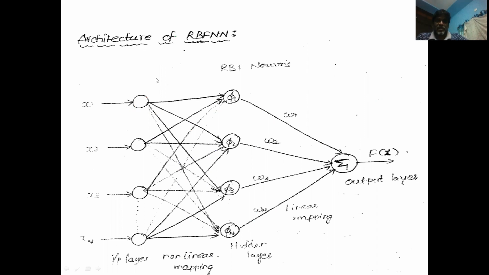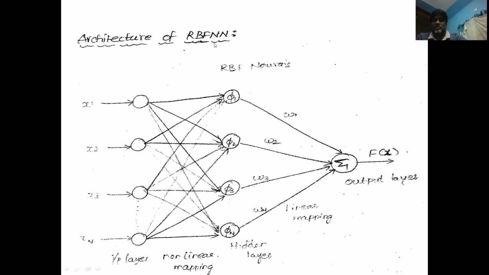Generally, any radial basis function neural network will consist of one input layer, one hidden layer, and one output layer with a single neuron. This I explained in the previous class also.